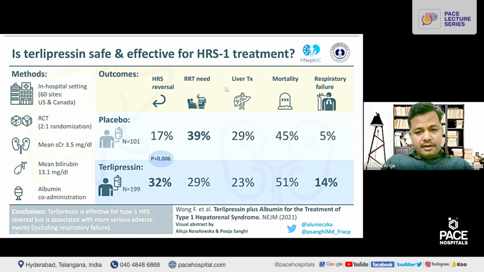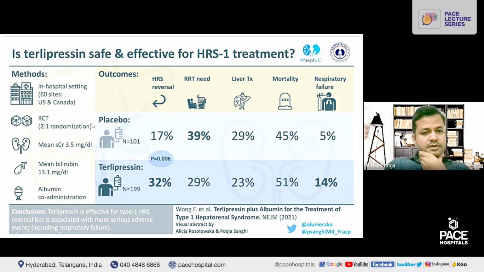This was a pharma-driven trial to get the approval of terlipressin with the guidance of FDA, and FDA wanted a specific primary endpoint of HRS reversal, which was defined as serum creatinine less than 1.5 on two values and without requiring renal replacement therapy after the completion of the treatment.